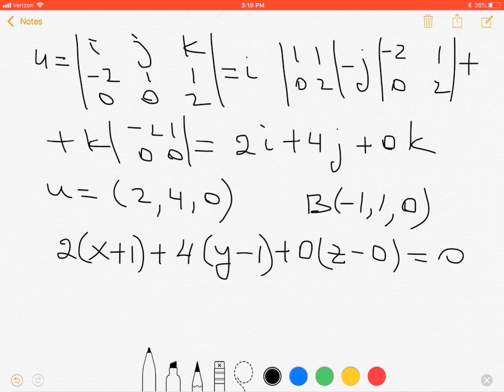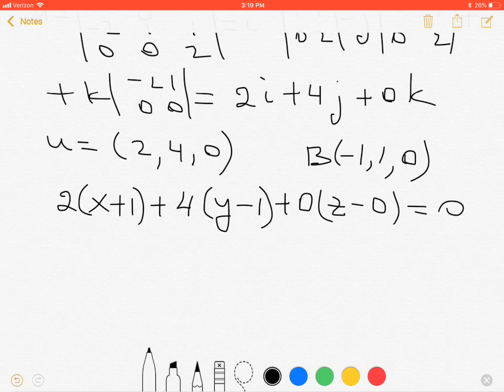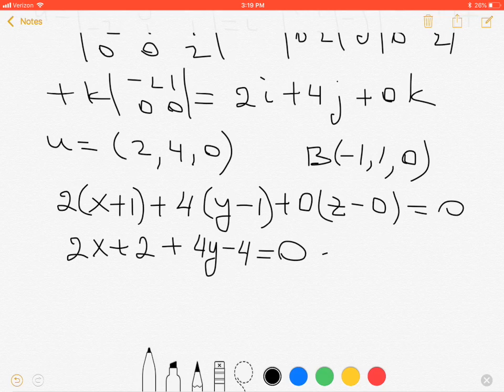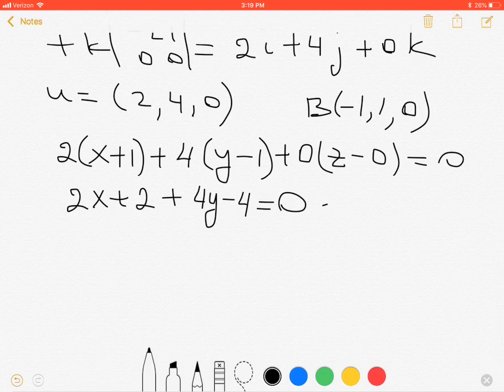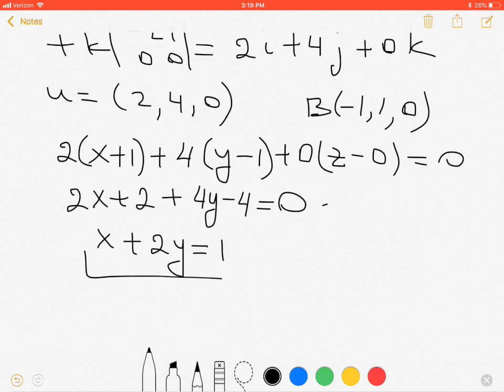We have 0, and this gives us 2x plus 2 plus 4y minus 4 equals 0. X plus 2y equals, I think, 1. This is our answer.